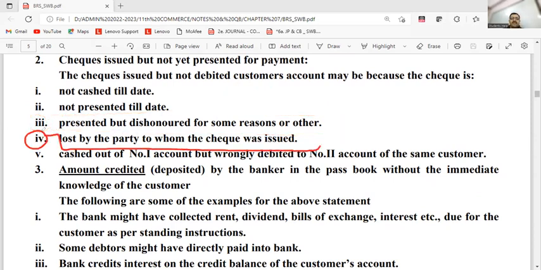You gave the cheque to an idiot who ultimately lost it. The money never left the bank.